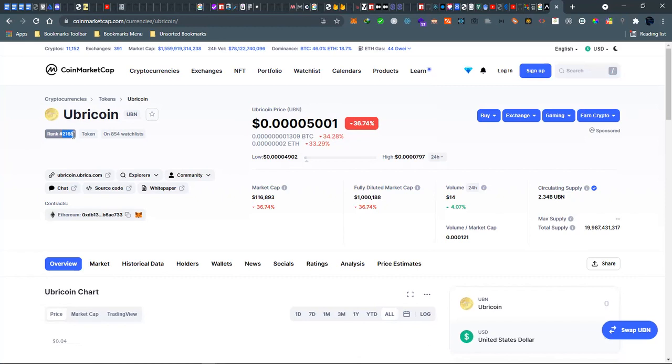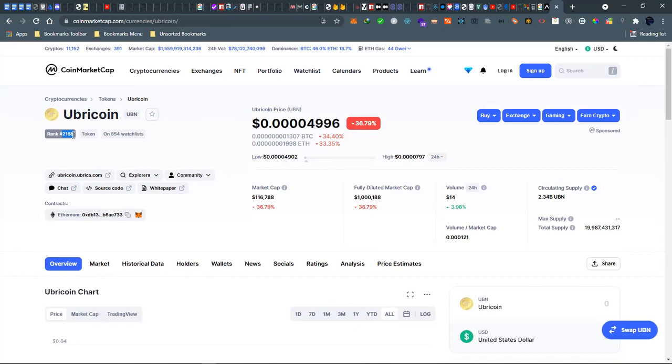The same case for companies like Tesla. Because Tesla or SpaceX is using Bitcoin in their system, it doesn't mean that the share price of Tesla will go up.